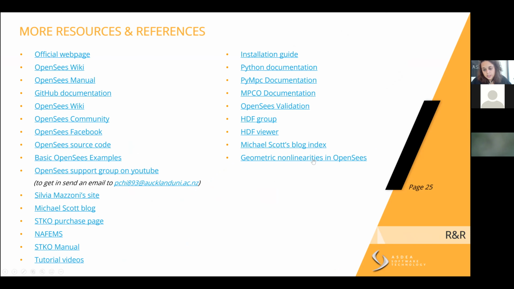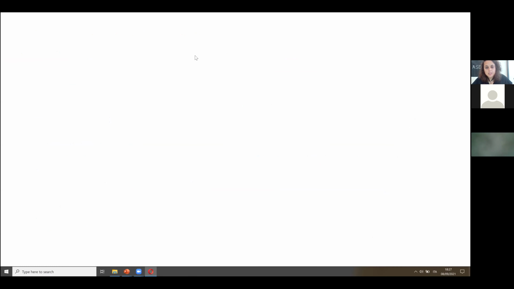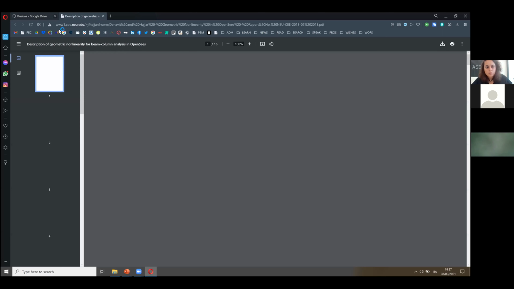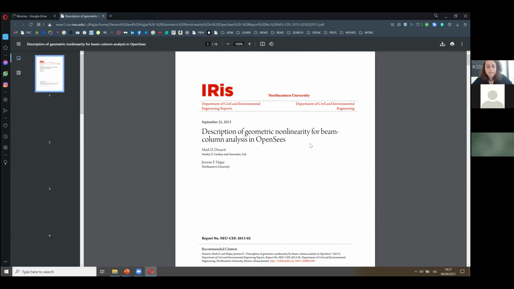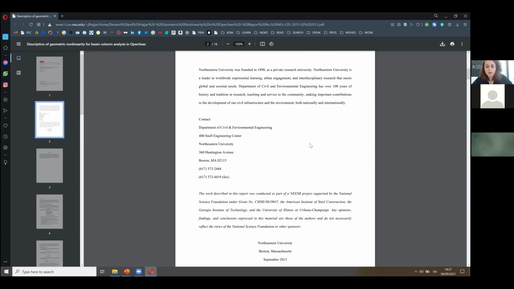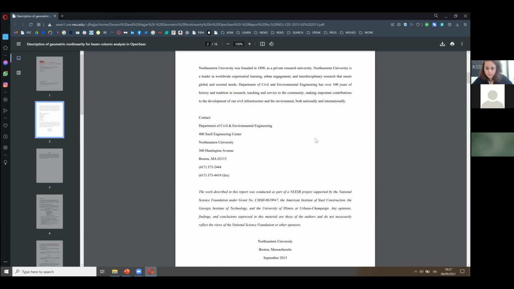What I can give you is the reference for this article on geometrical nonlinearities, which explains very well what I tried to convey today on a mathematical level.